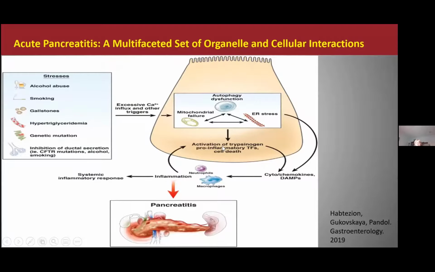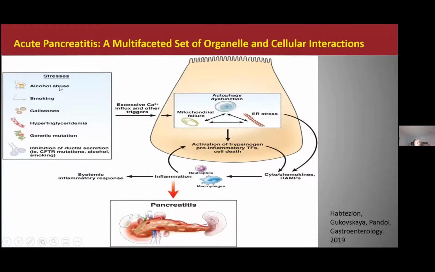Those in turn can lead to activation of trypsinogen and lead to the formation of pro-inflammatory transcription factors and cell death. The release of the cytokines and chemokines and damage-associated proteins can cause inflammation that can be in the pancreas, but also can lead to the systemic inflammatory response.